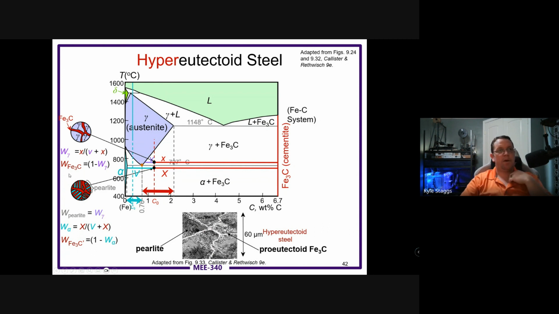Same thing on this side of things. When we're looking down here, we're not going to have exactly the same weight fractions for the alpha versus carbide. It's going to be different than what it was up here because of where the phase lines are.